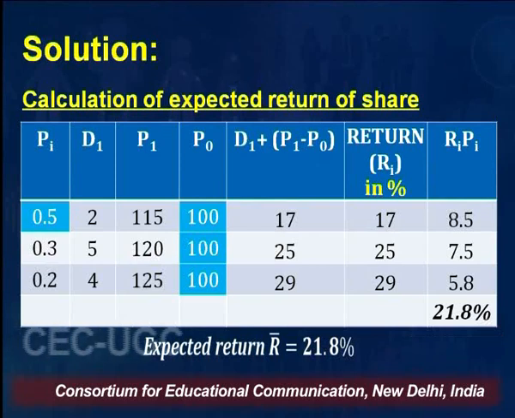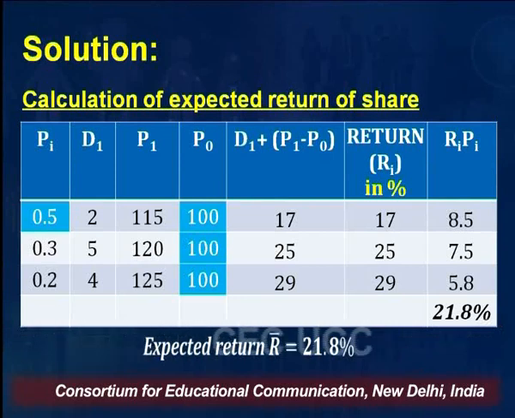You make the summation of it, it will be your expected return. So friends, you have seen that in this manner you are able to calculate the expected return which you will be getting by making an investment of rupees 100, and at the end of the year you are expected to get 21.8% return.